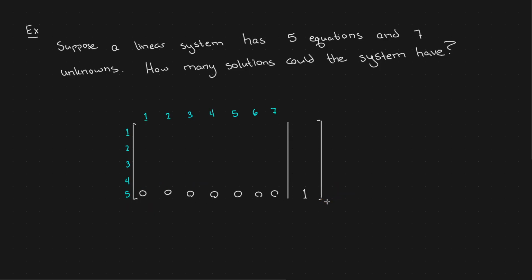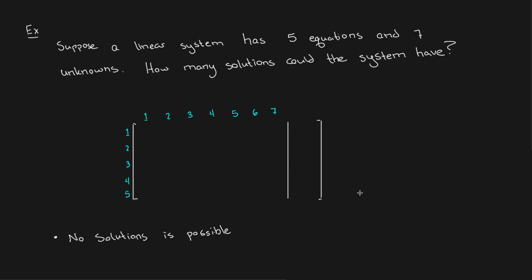And so, yes, it's possible that this kind of linear system would have no solutions. So no solutions is possible. Obviously, it doesn't mean for sure we have no solution, but it means it's possible.